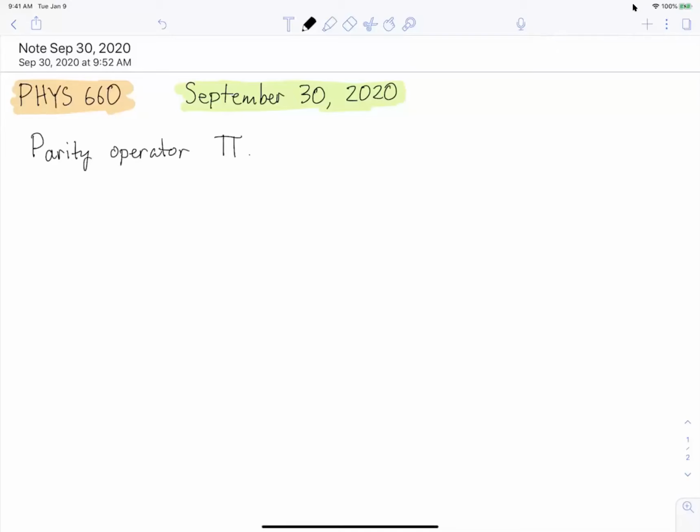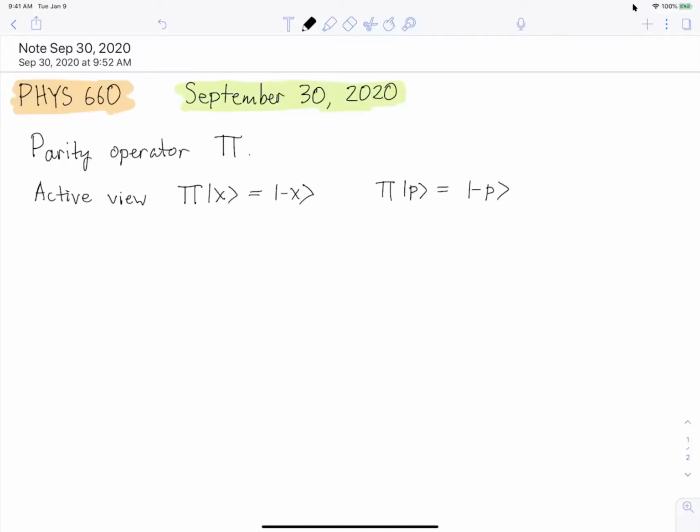In the active view, what this thing does is if we act on a position eigenstate, it gives us back an eigenstate of position, but with the opposite value of x. And it does the same thing for momentum. If we act on a momentum eigenstate, we get back the opposite momentum eigenstate.